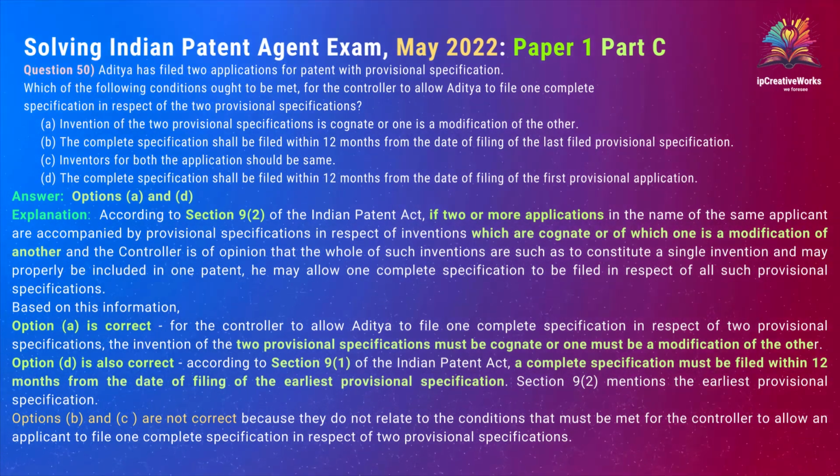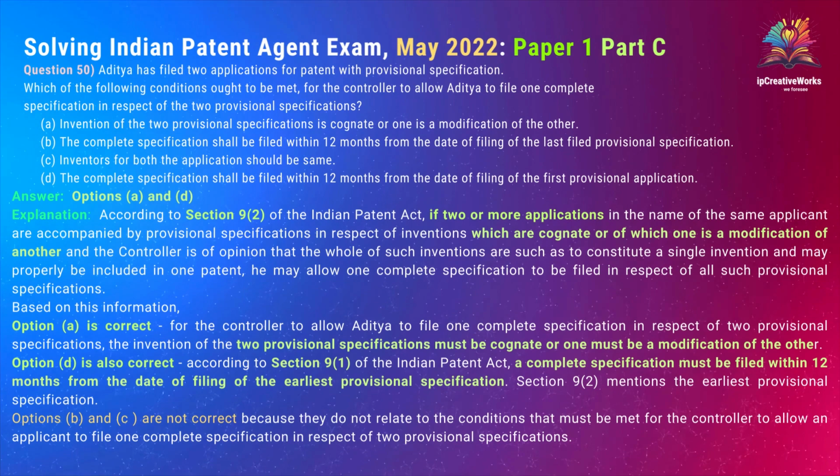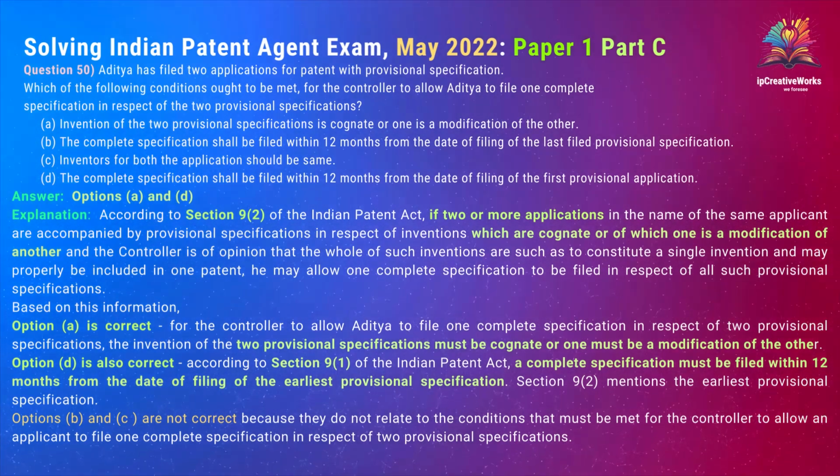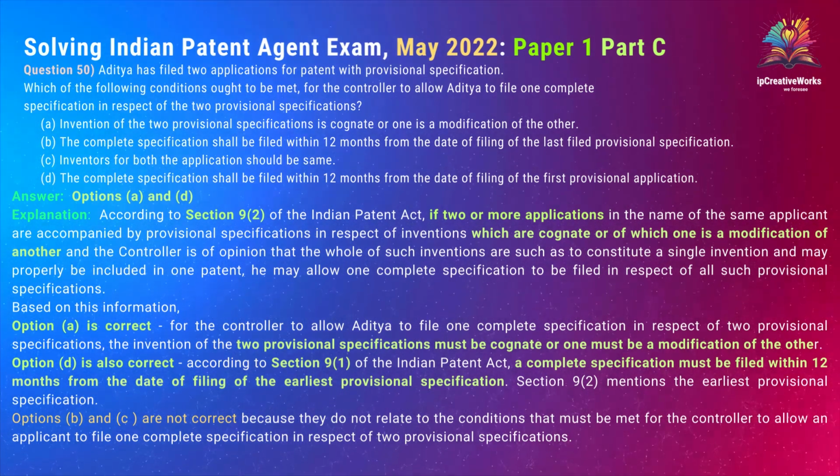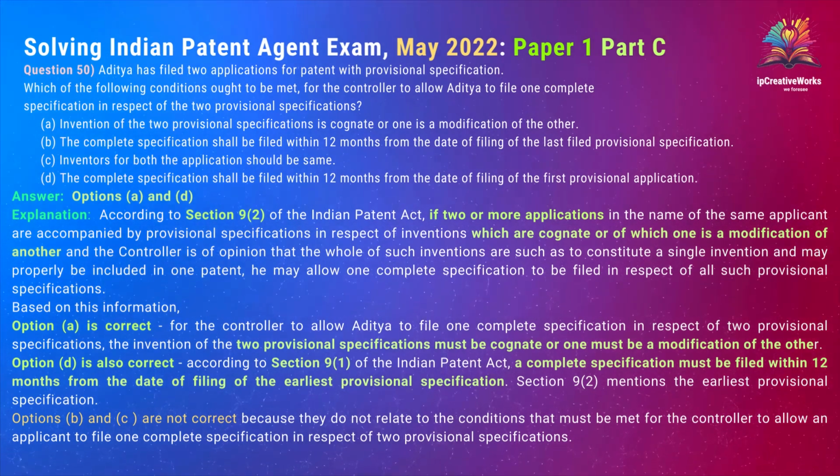Explanation. According to Section 9(2) of the Indian Patent Act, if 2 or more applications in the name of the same applicant are accompanied by provisional specifications in respect of inventions which are cognate or of which one is a modification of another and the controller is of opinion that the whole of such inventions are such as to constitute a single invention and may properly be included in one patent, he may allow one complete specification to be filed in respect of all such provisional specifications.